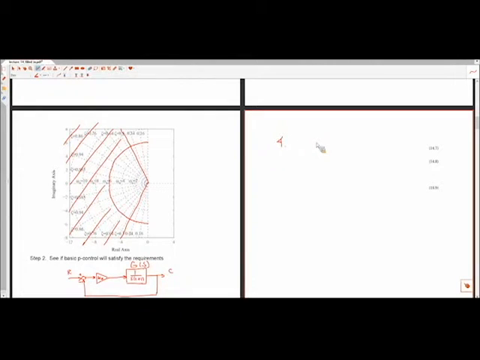The intersection point is given by the summation of all the zero locations minus the summation of all the pole locations, divided by m minus n.